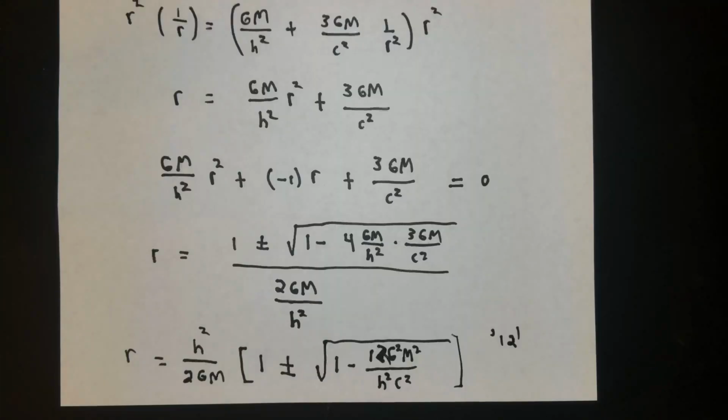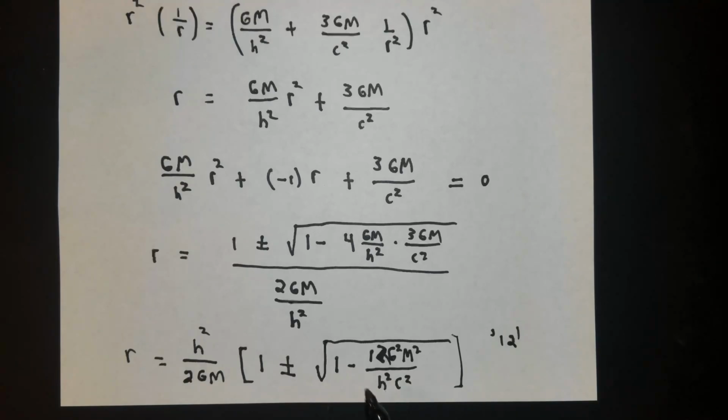Using the usual quadratic formula, r will be h squared over 2GM times the quantity 1 plus or minus the square root of 1 minus another quantity. That quantity is 12 G squared M squared over h squared c squared. This equation has several interesting features to it.